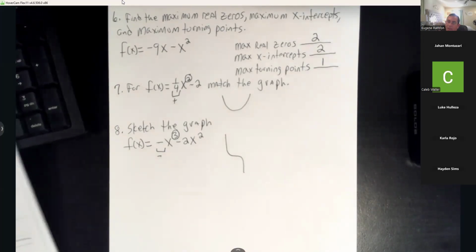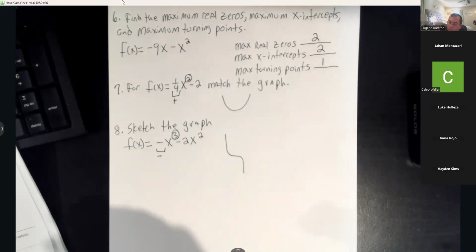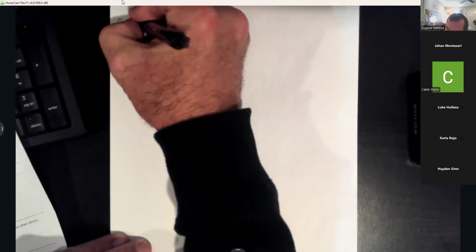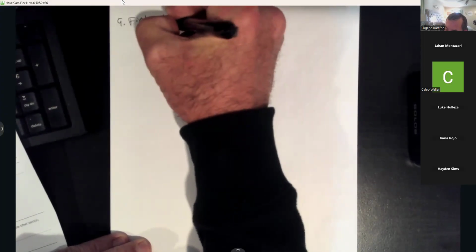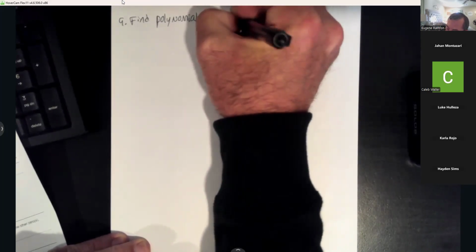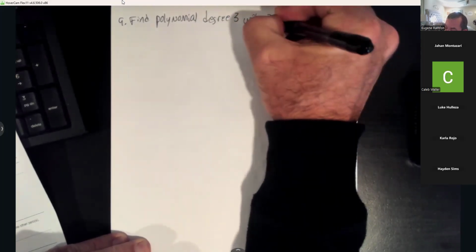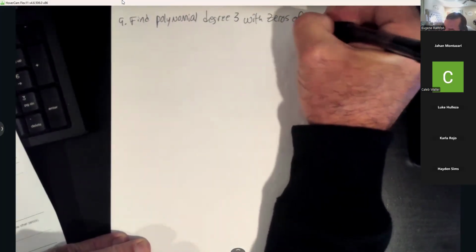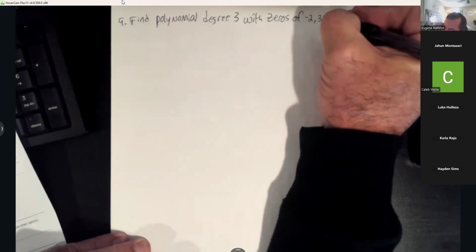All righty, y'all. Now comes the fun part of this test. We're going to be finding polynomials. So this would be number 9. We're going to find the polynomial of degree 3 with zeros of -2, 3, and -8.